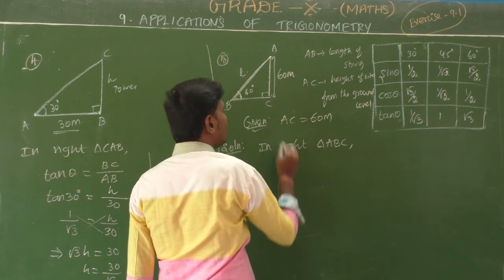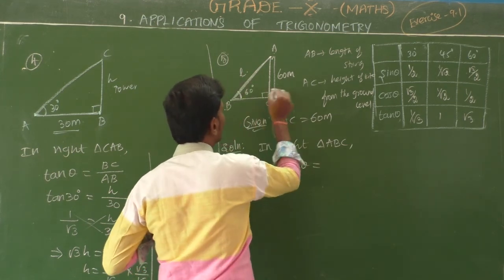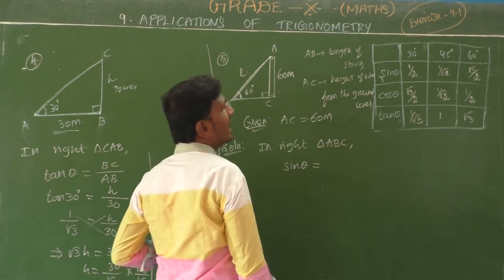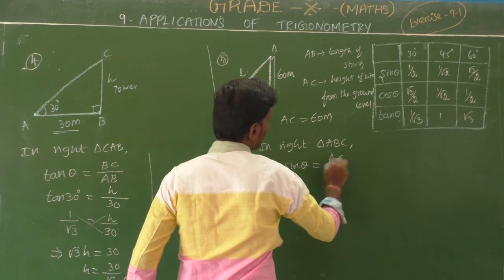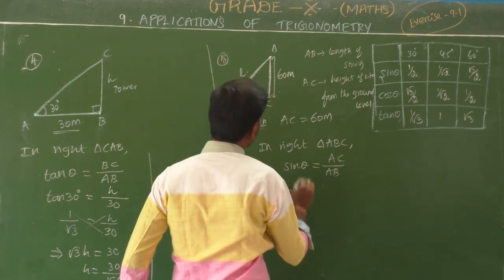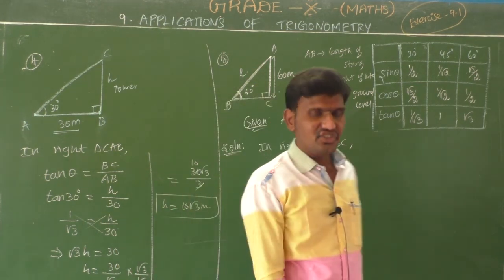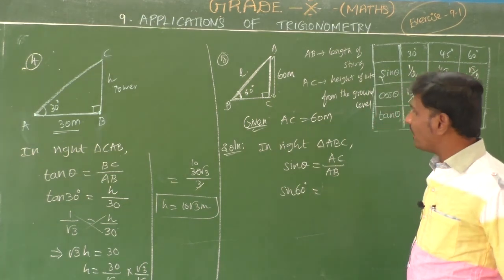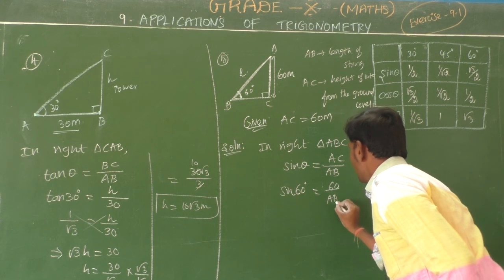So for that I am going to take sin theta, which is equal to opposite side divided by hypotenuse. So opposite side is AC divided by hypotenuse AB. Now how many degrees is given? 60 degree. So sin 60 degree is equal to AC, which is 60, divided by AB.